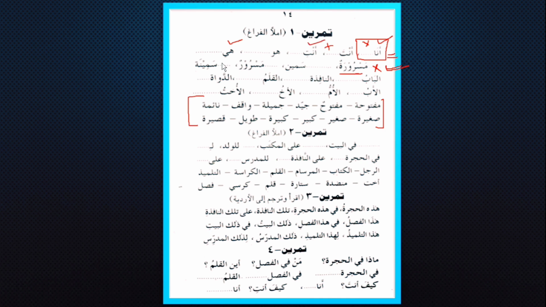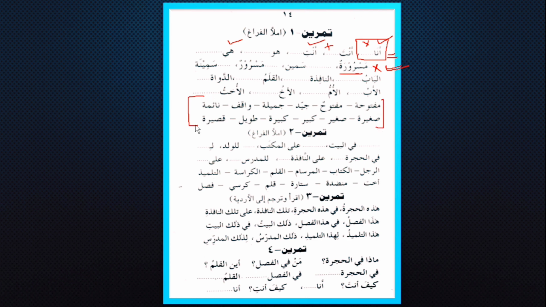So in the same way, you have to complete all these sentences. See which word is given. If mubtada is given, then you have to bring khabar, and that should be nakira. And if the khabar is given, then you have to bring mubtada, that should be marifa.